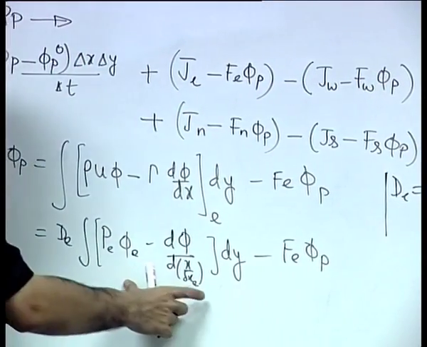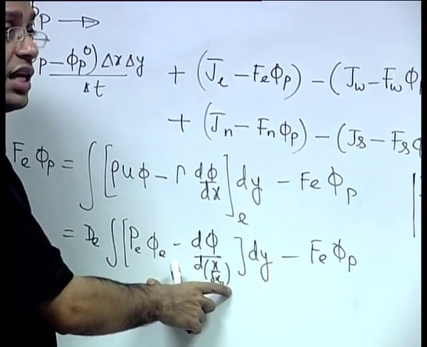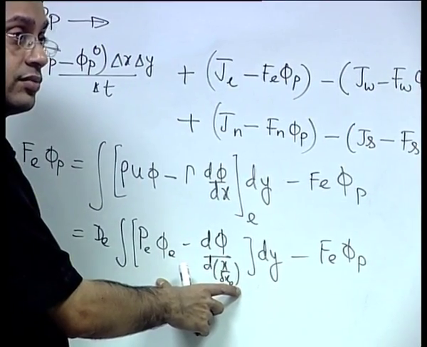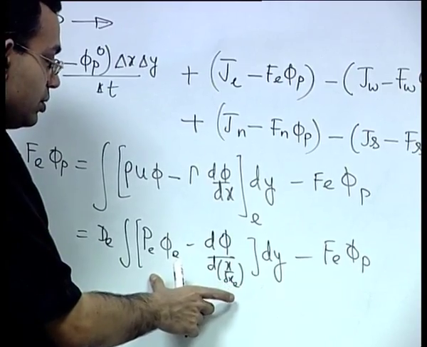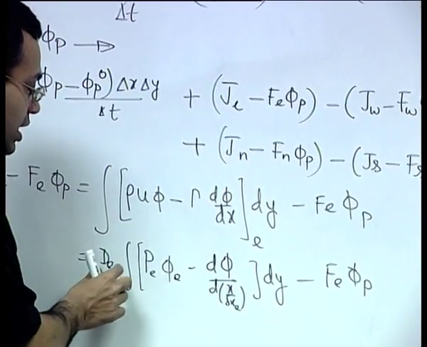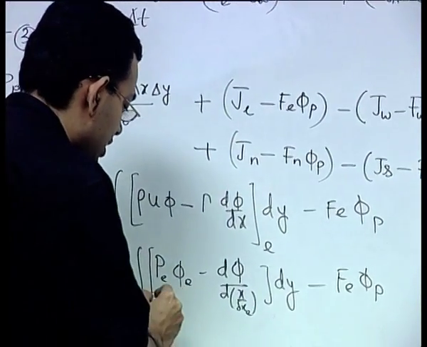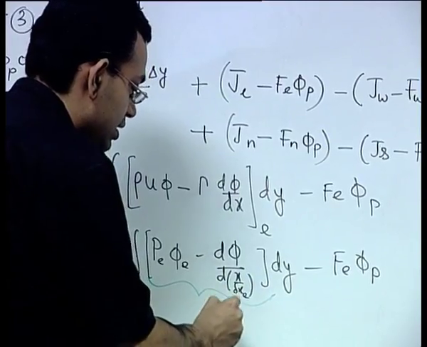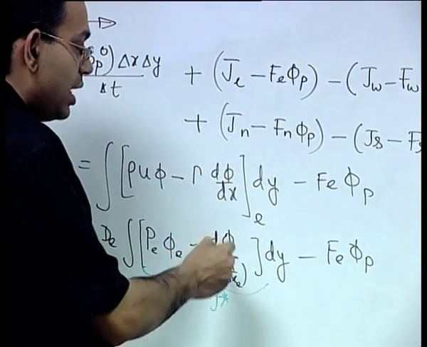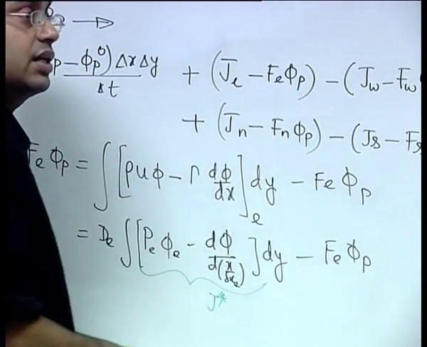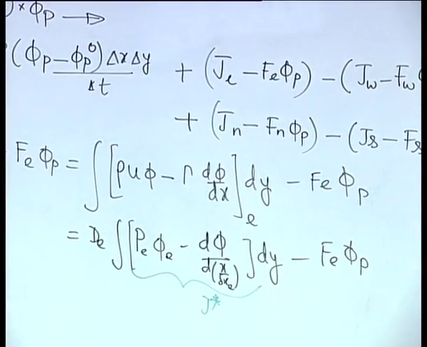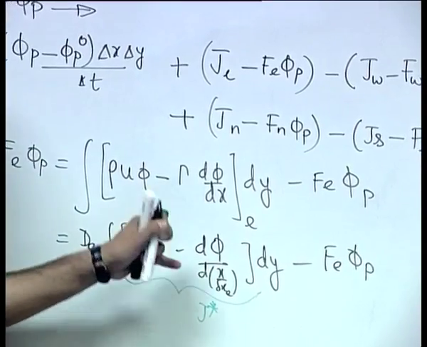See, this is nothing but the J star. So in this dE, this part is nothing but the J star, the non-dimensional J, P phi minus d phi by d non-dimensional x. This we defined as J star or a non-dimensional J.